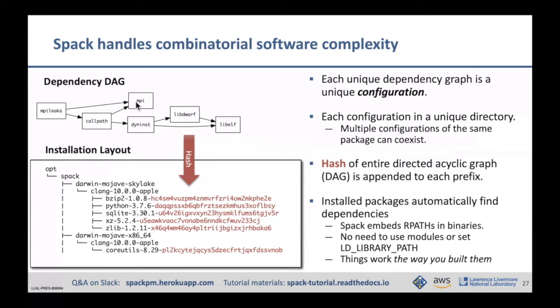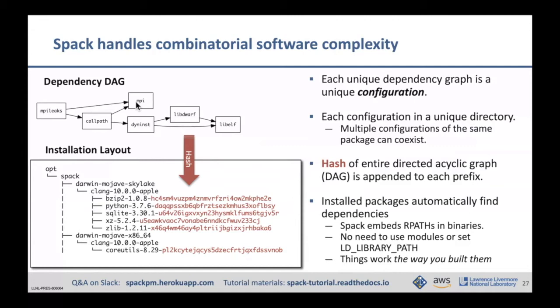LD_LIBRARY_PATH is sort of notoriously problematic because it's a global variable. It applies to everything in your terminal session. And if different applications need different versions of different dependencies, then you can get really hung up on LD_LIBRARY_PATH.